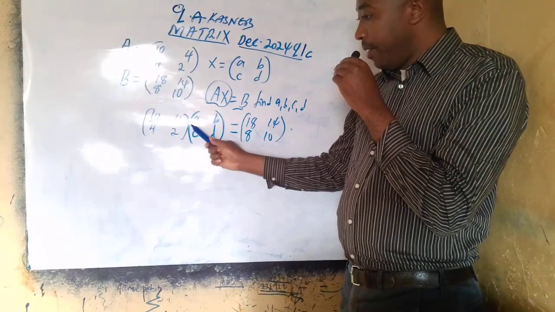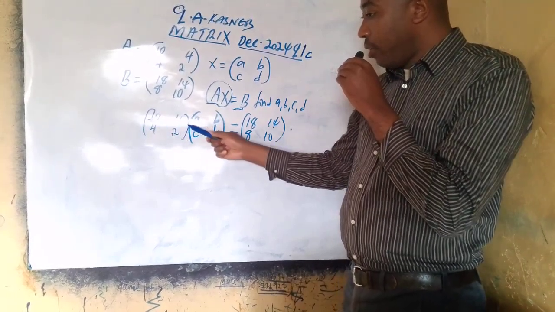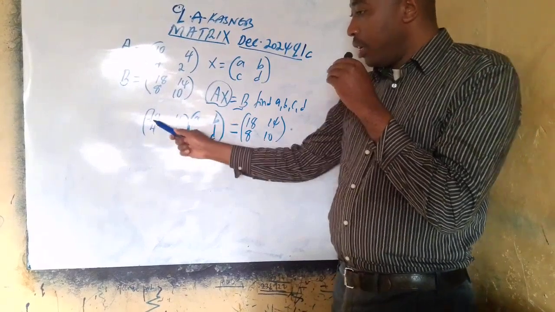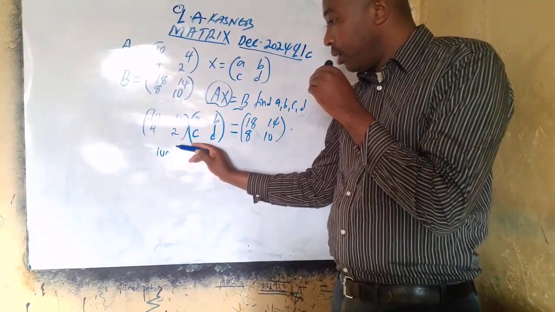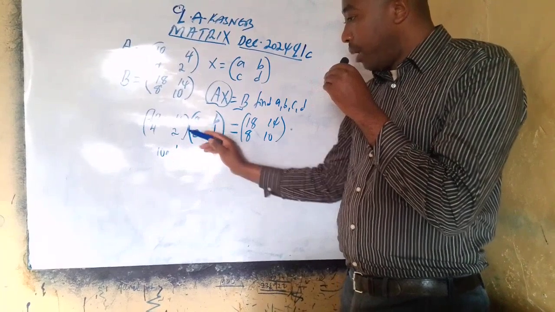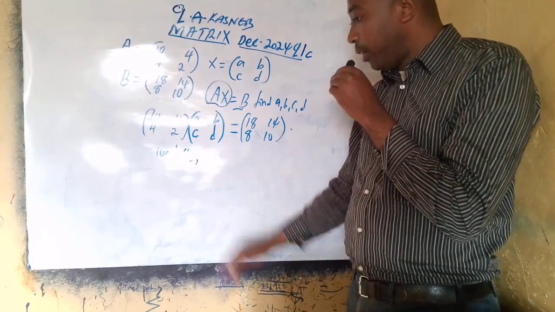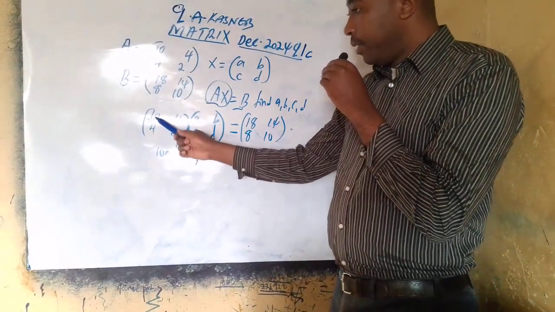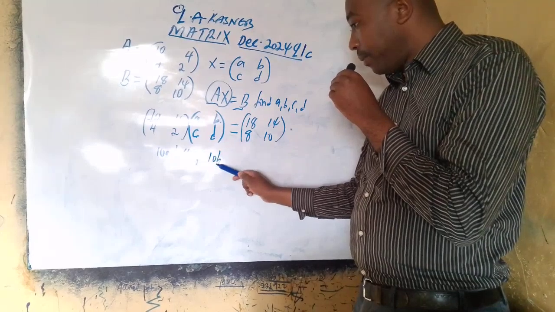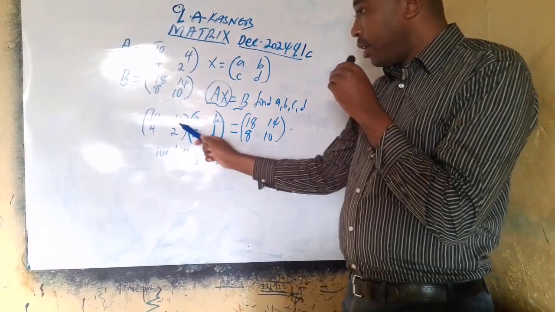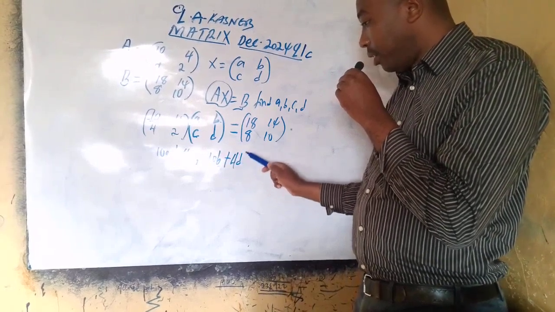The first one, you see, first row, first column. So 10 times A, that is 10A, plus 4 times C, that is 4C. We put a comma there. 10 times B, we get 10B, plus 4 times D, we get 4D.